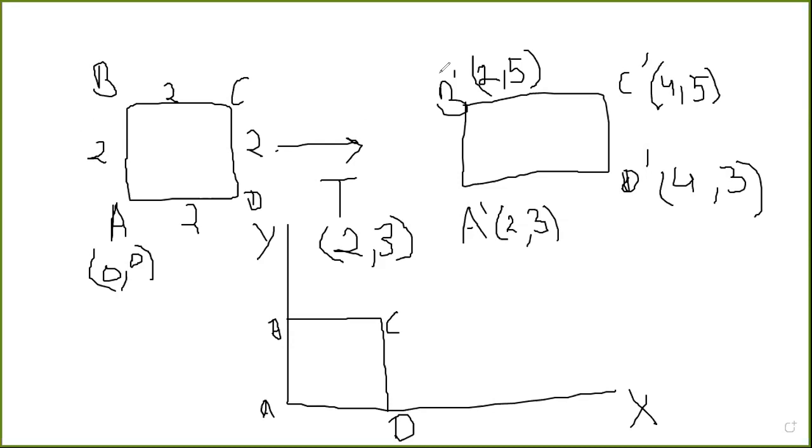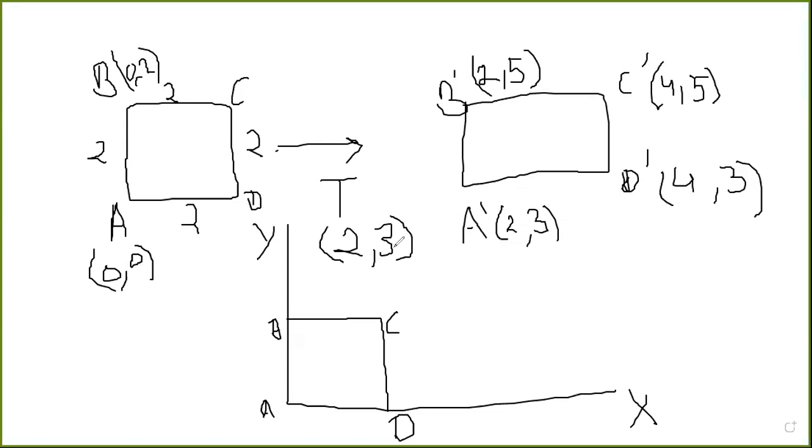So this coordinate of B is 0 comma 2 in the original object. So you are going to add 2 in x direction, so 0 plus 2, and add 3 with the 2, that means 5.